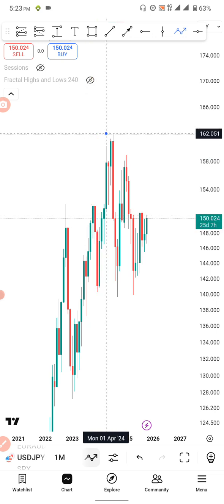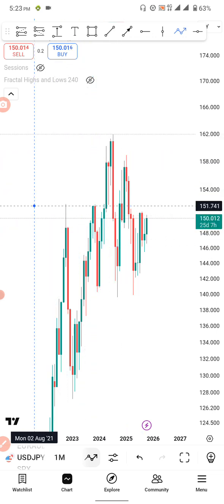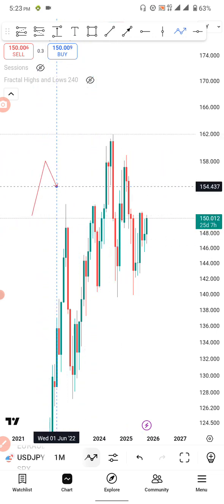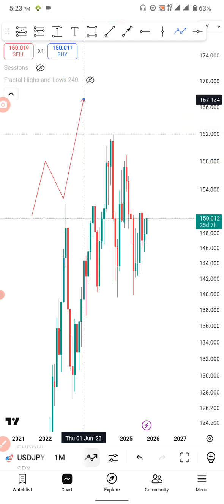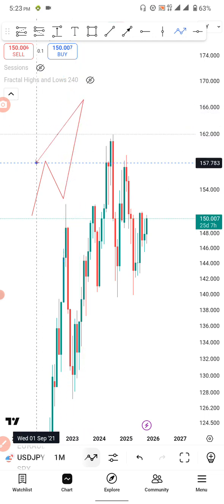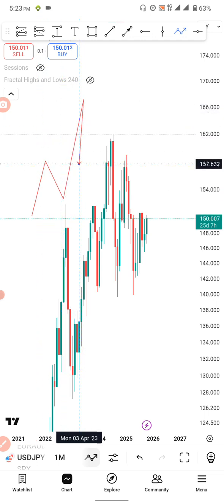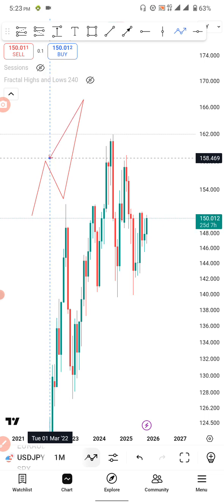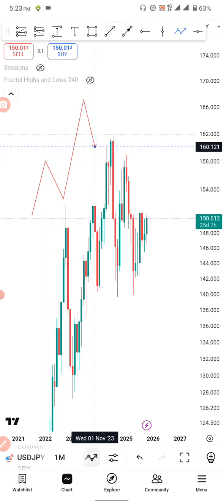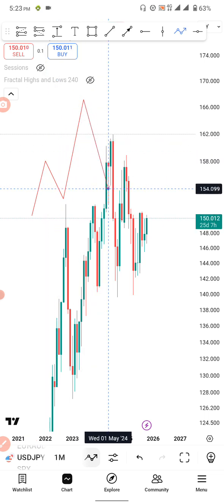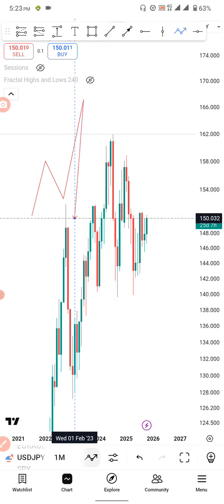Here we have to look for that kind of structure, V to V or break of structure, that is being formed or has been formed by either monthly. If monthly hasn't formed it yet, then we can shift to weekly.